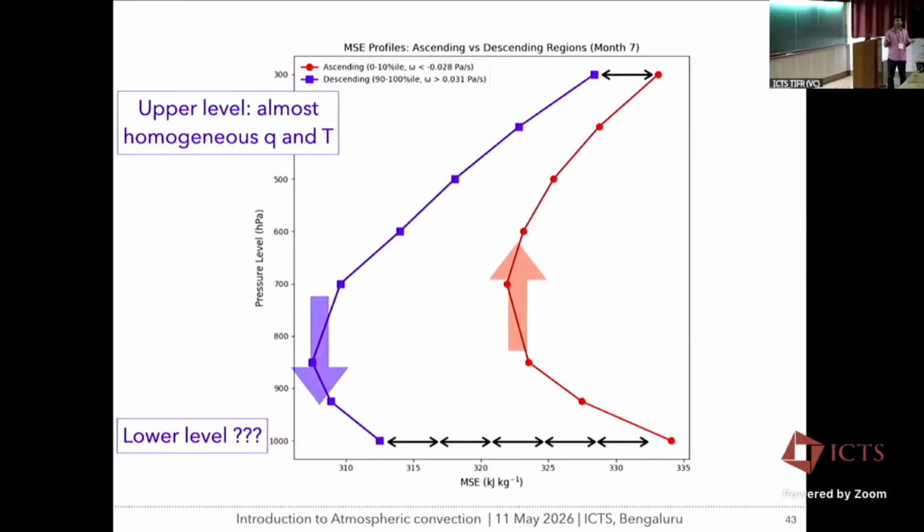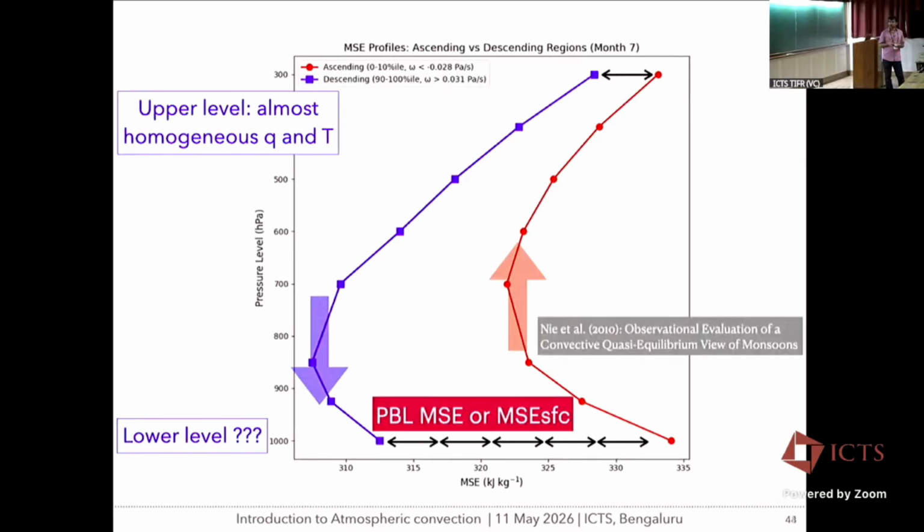is there is more difference between moist static energy profiles between clear and cloudy sky, which makes boundary layer processes or surface level moist static energy an important indicator.